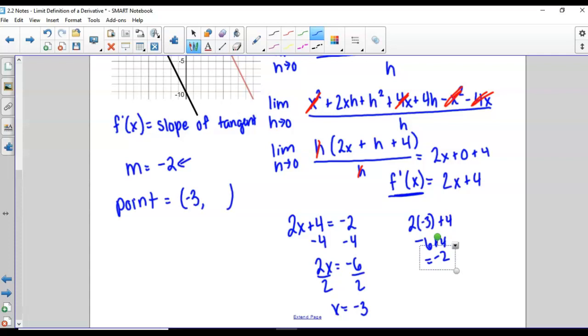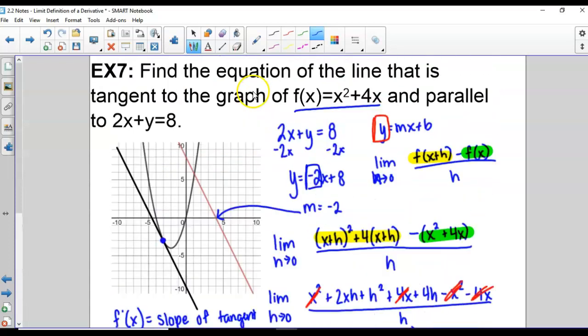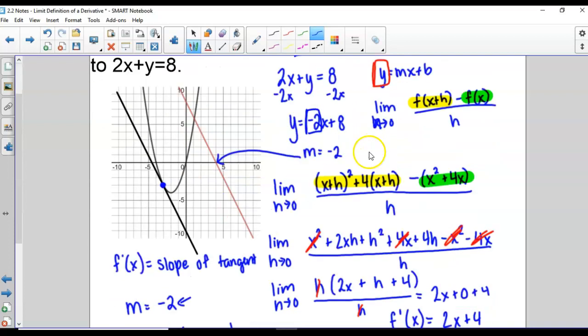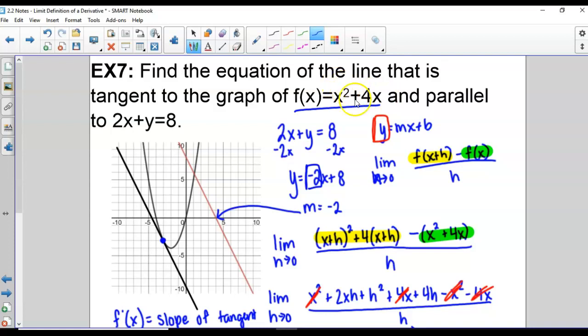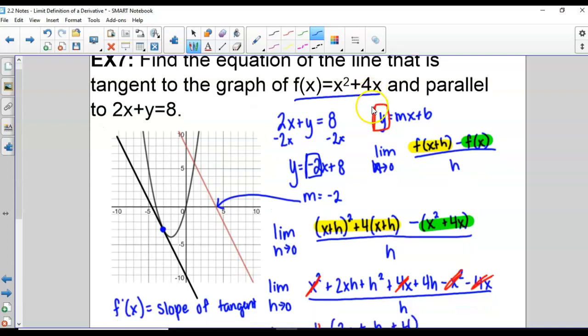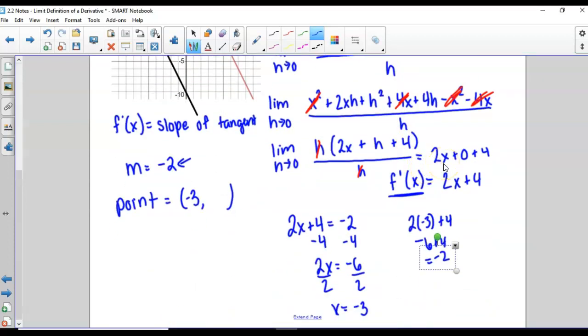So if I want to know the y-coordinate, I've got to go all the way back to the original problem way up here. Okay? So when you're looking for a point, that is one of the big things I see students getting mixed up, so I'm almost glad that you said 2x plus 4. If you hadn't, I would have said most kids do that instead. X squared plus 4x is what you want to plug into. So for your coordinates, you're going to plug into the original. So f of negative 2, and notice how I'm labeling that so that graders can follow my work.